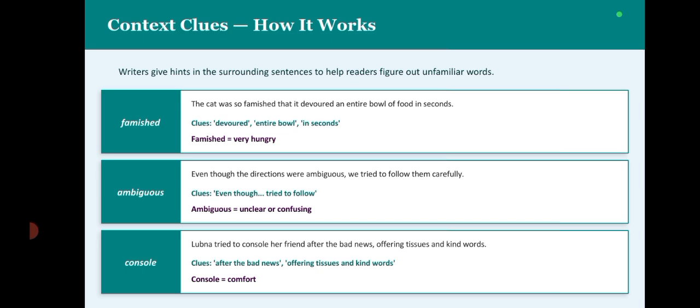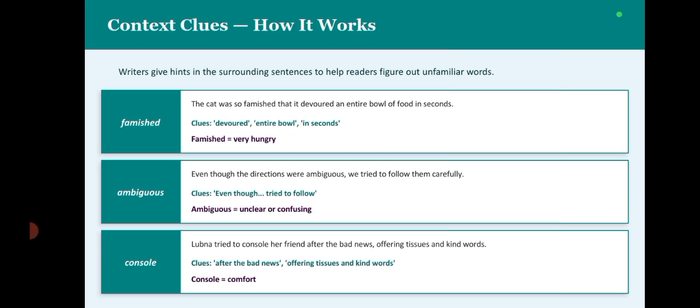Ambiguous. Now the sentence is, even though the directions were ambiguous, we tried to follow them carefully. Even though tried to follow, कि बेशक, हालांकि tried to follow, हमने कोशिश की. Ambiguous means unclear or confusing, difficult to grasp, difficult to comprehend, difficult to understand.